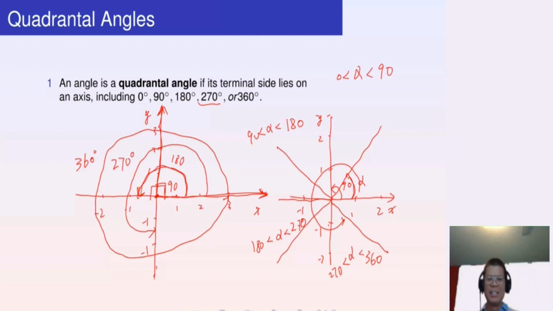And finally, if it is between 270 and 360, it's in the fourth quadrant, somewhere there. Very cool, right? So this is how we can use the quadrantal angles to roughly position our angle given its degree.